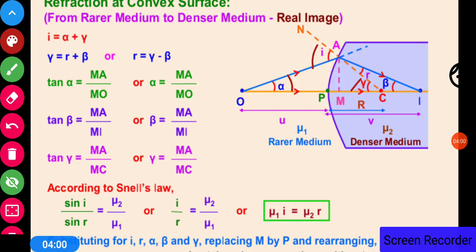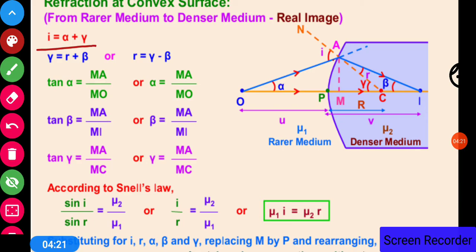Alpha and gamma, they are the interior angles. From the exterior angle theorem, the exterior angle is always equal to sum of the interior opposite angles. So we can say that I is equal to alpha plus gamma, which is written over here. I is equal to alpha plus gamma.